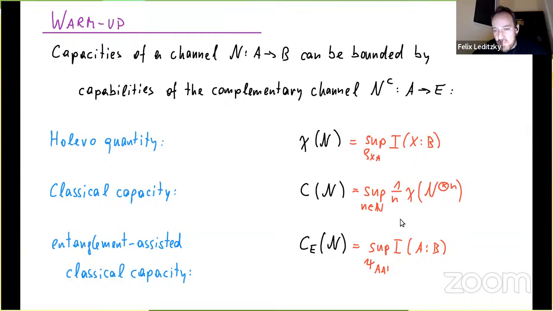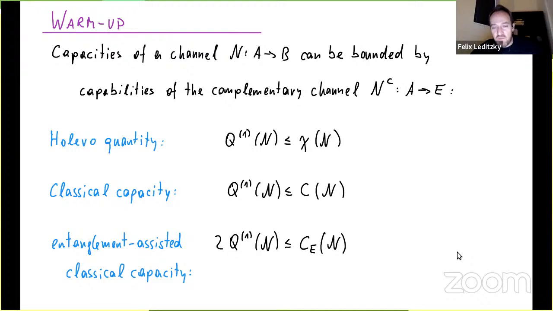And regularizing this gives us the classical capacity of the channel, which is basically classical information transmission where we drop the security criterion for private capacity. And then there's also this entanglement assisted version where I also give to the sender and receiver unlimited entanglement that you can use in the encoding and decoding. This is just basically making this CQ state into a fully arbitrary bipartite quantum state, where we send one half to the channel and then we look at the mutual information.